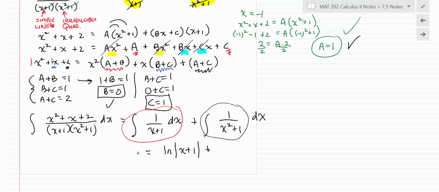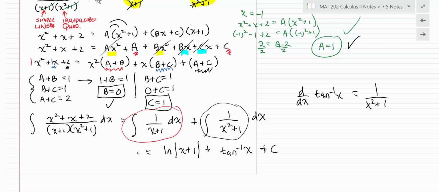Inverse tangent. That's inverse tangent, okay? If you go back into Calc 1, the derivative of the inverse tangent of x is 1 over x squared plus 1. That's a derivative rule. So that one is the inverse tangent of x, and then you have the plus c like that, okay?